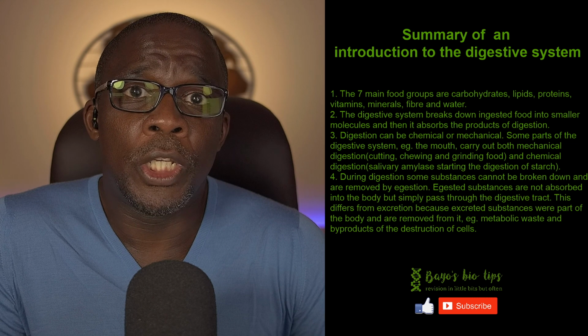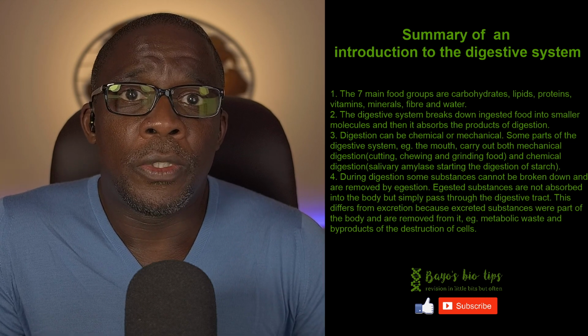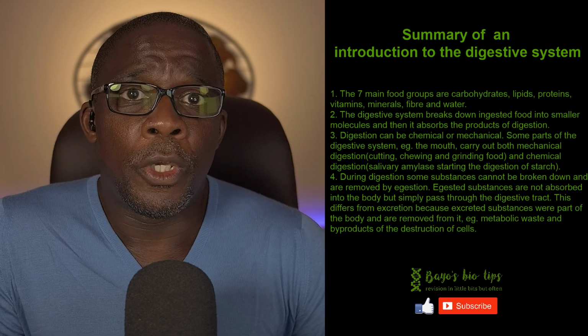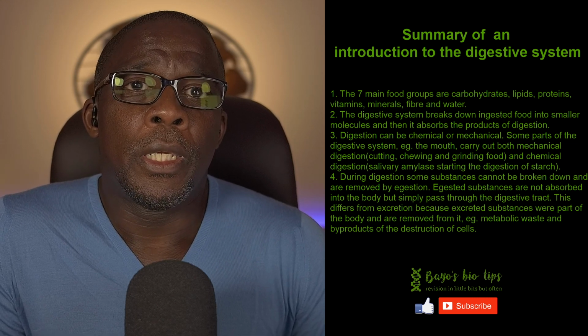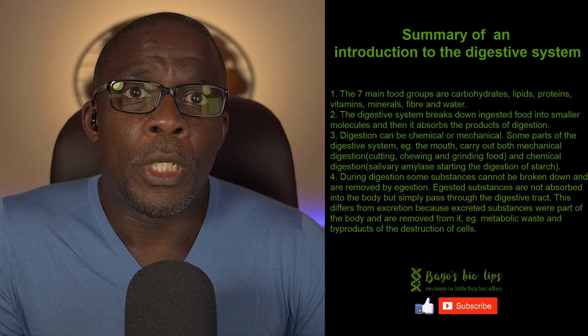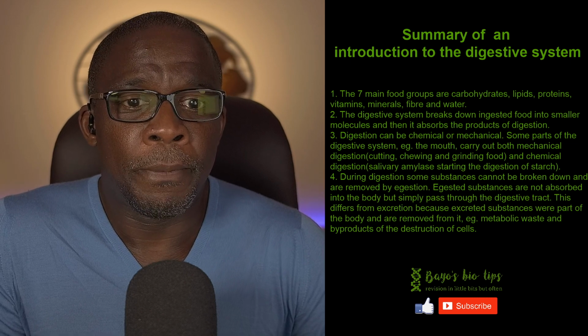So that's what digestion is. The other job of the digestive system is to absorb those nutrients. The products of digestion are absorbed in the small intestine into the body.